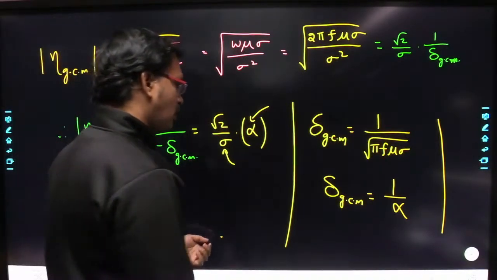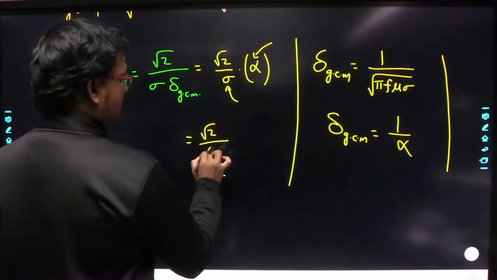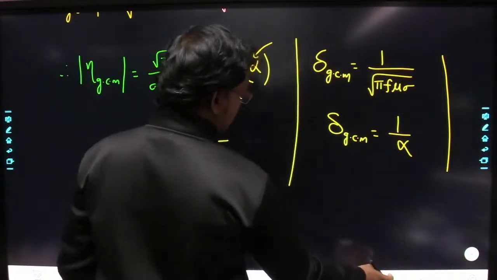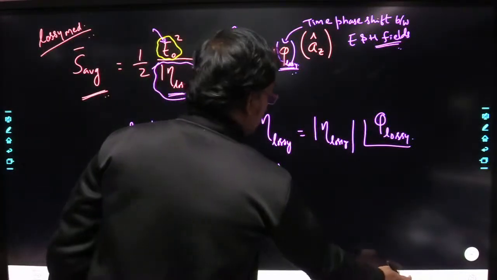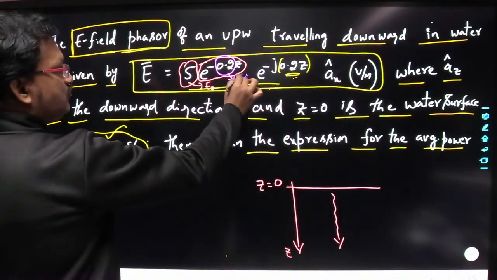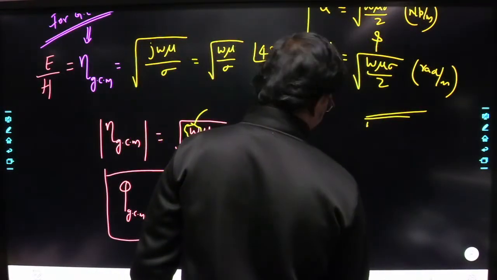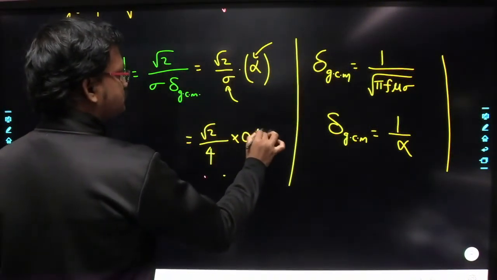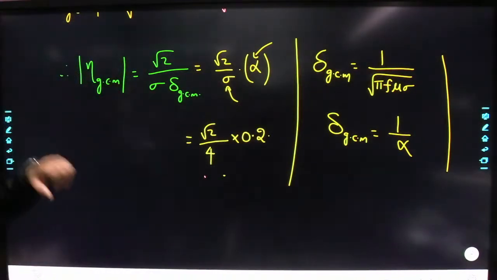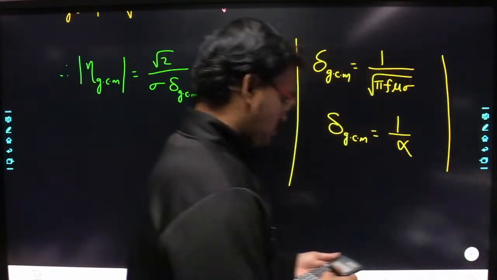This is root 2 divided by sigma, which is given as 4, and alpha value is 0.2.